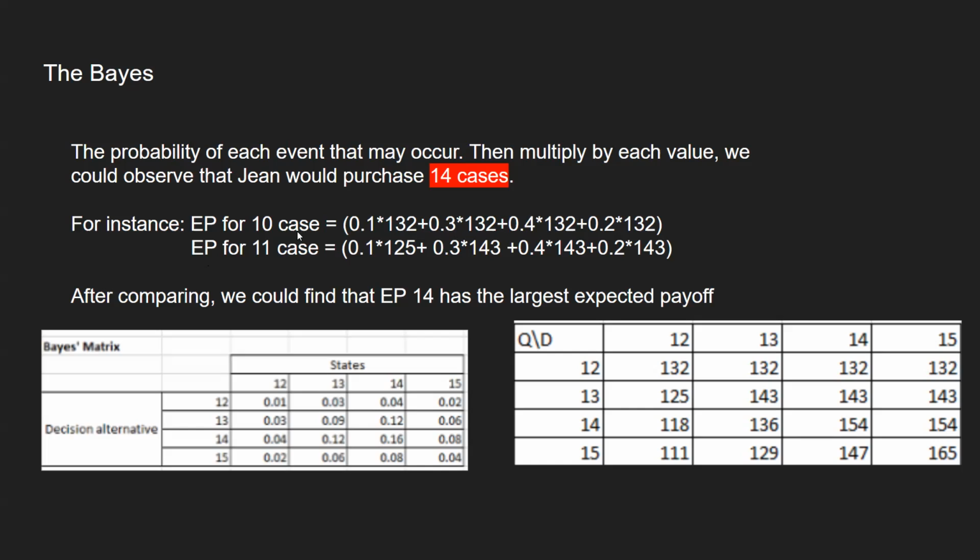And the expected payoff for 13 cases is 0.1 multiplied by 125 plus 0.3 multiplied by 143 plus 0.4 multiplied by 143 plus 0.2 multiplied by 143. After comparing, we could find that the expected payoff for 14 cases is the largest.